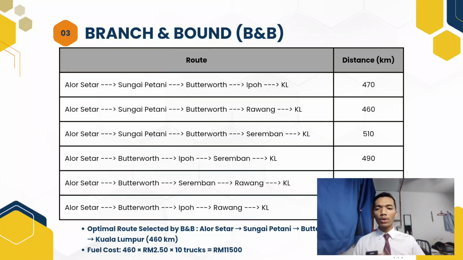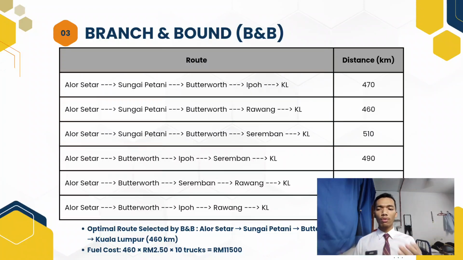For instance, one route might be 470 km long, another 460 km, another 490 km, and another 510 km. The third step is we set a lower bound, which is the shortest distance found so far, and an upper bound, the maximum acceptable distance.